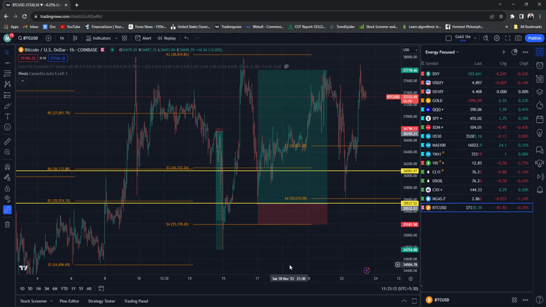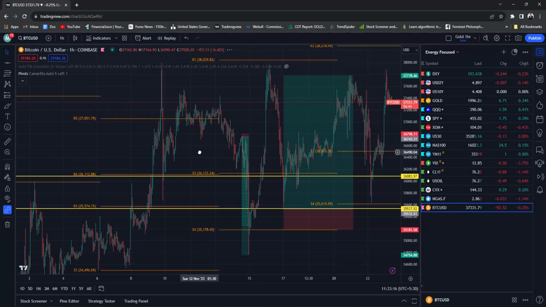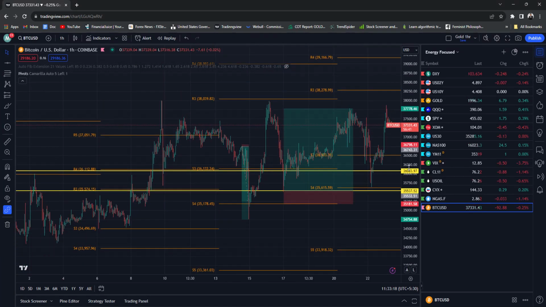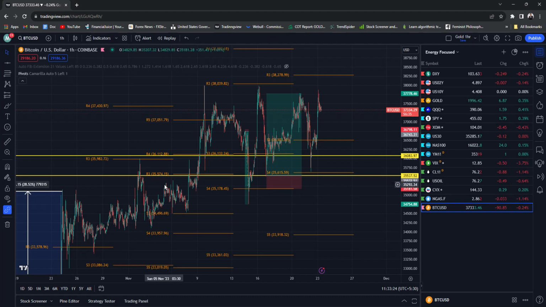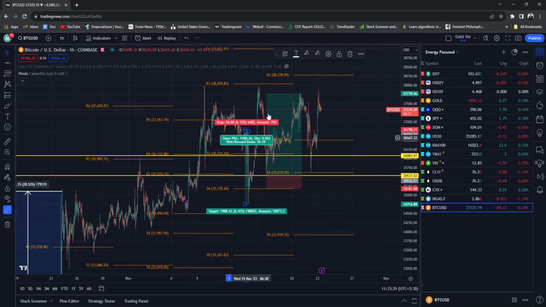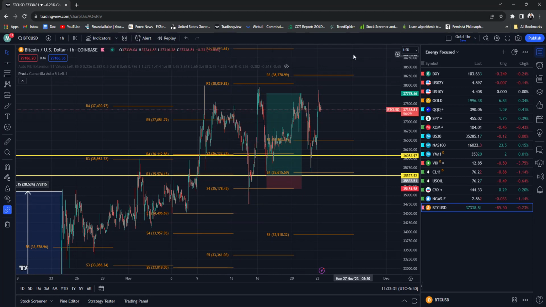So it's a little bit trickier than Fibonacci, and it takes some getting used to as well, because you're looking at all these levels and you don't know which one to actually look at, and which one to prioritize.